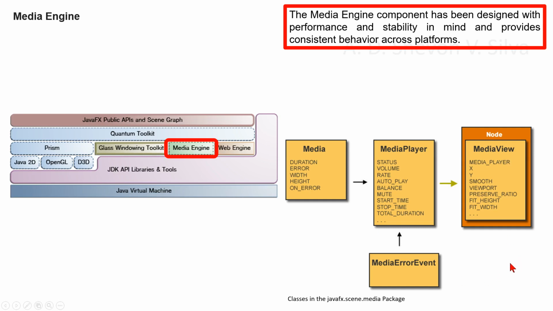This figure shows the classes that reside in the JavaFX.scene.media package. These classes are interdependent and are used in combination to create an embedded media player. The media player class provides all the attributes and functions needed to control media playback.